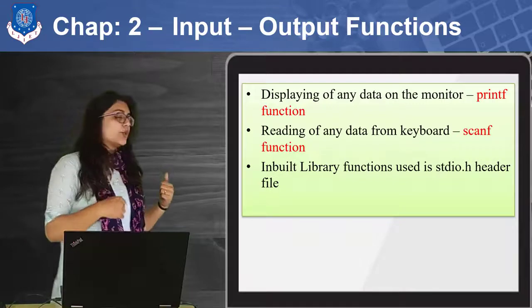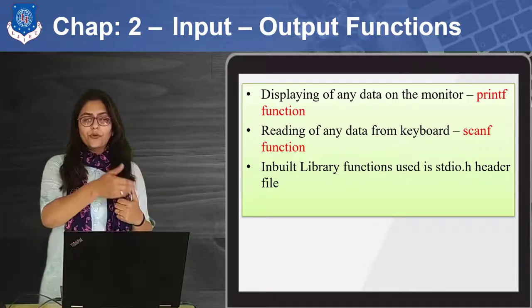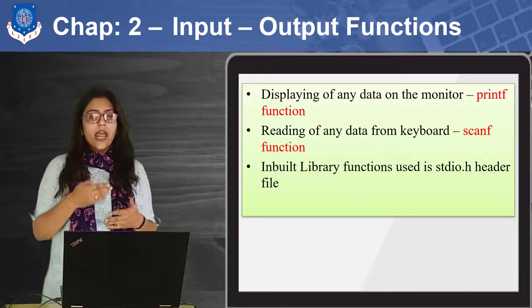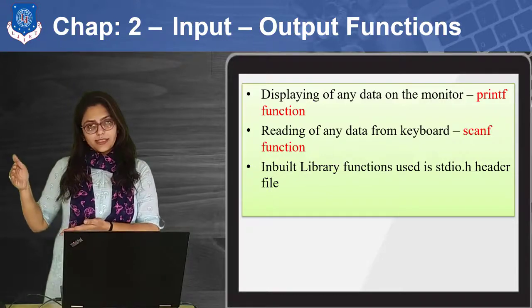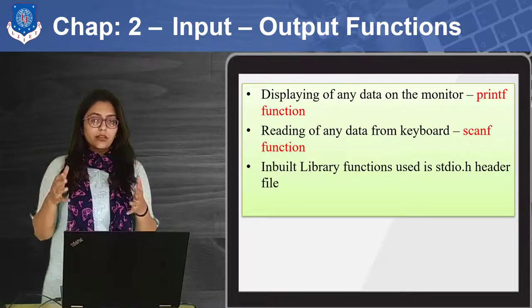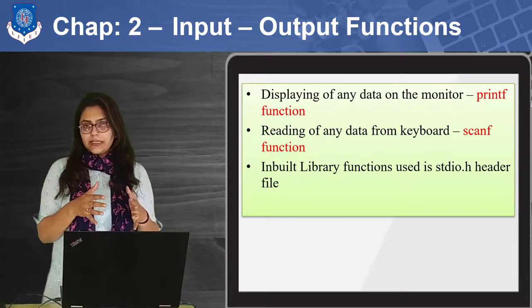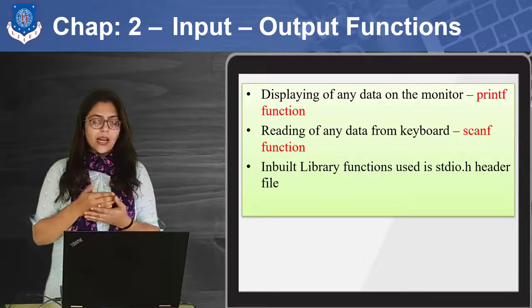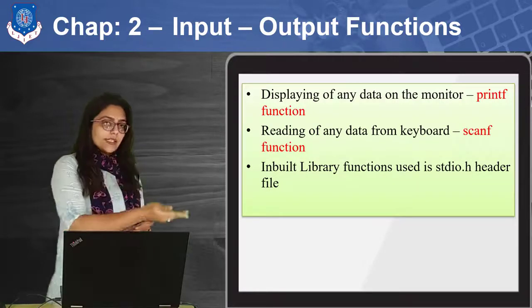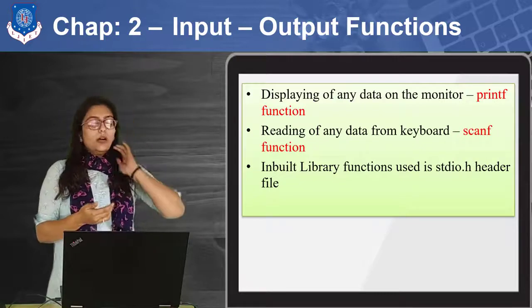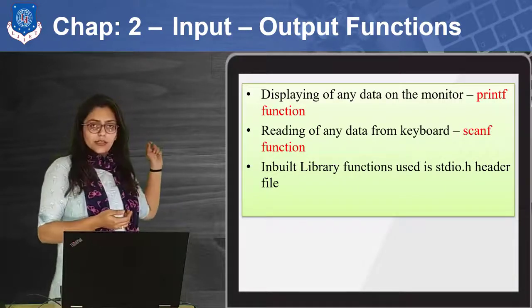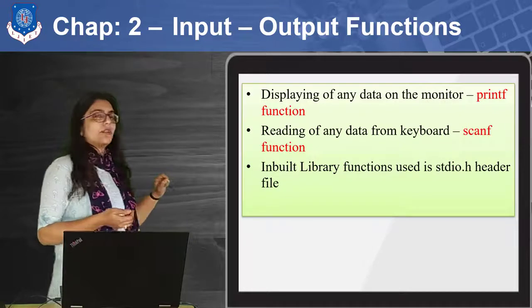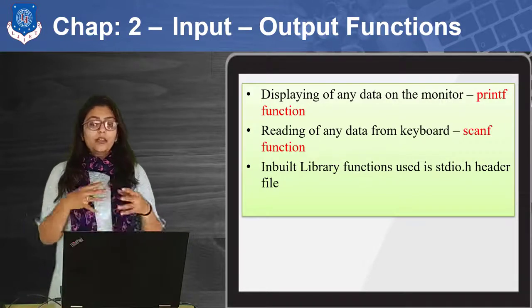Printf is basically used when we want to take a value from the system, some variable's value, and print it on the screen. In opposite of this, scanf is basically used to take a value from the user and give it to our system, right? So printf is an output function and scanf is an input function.